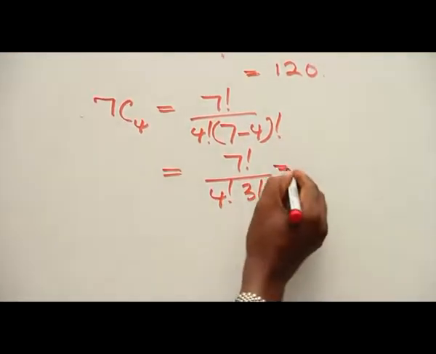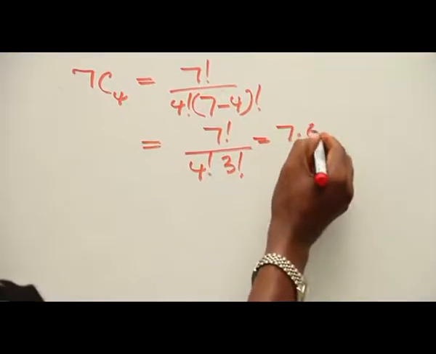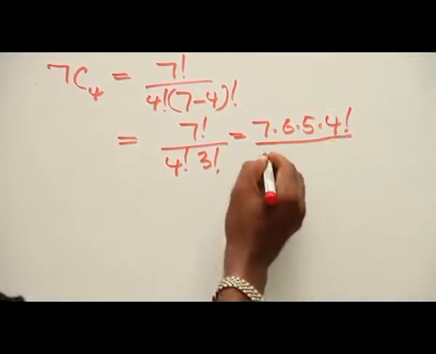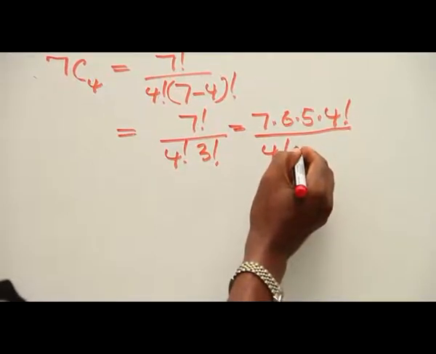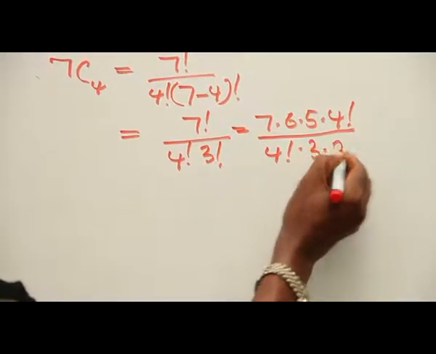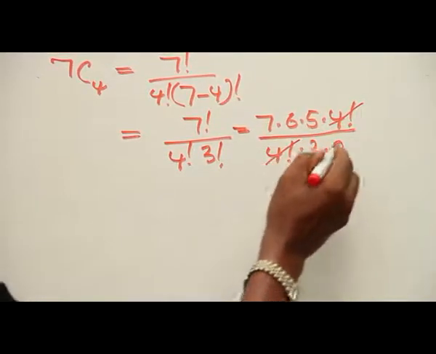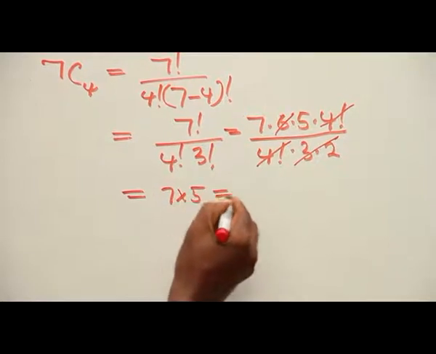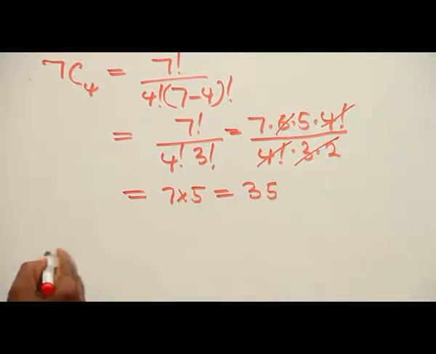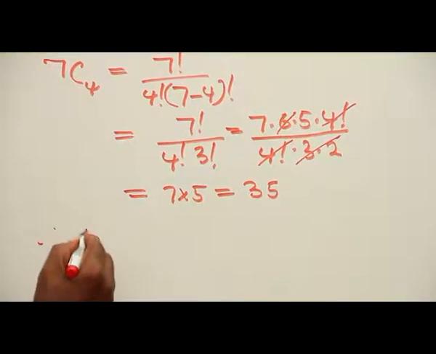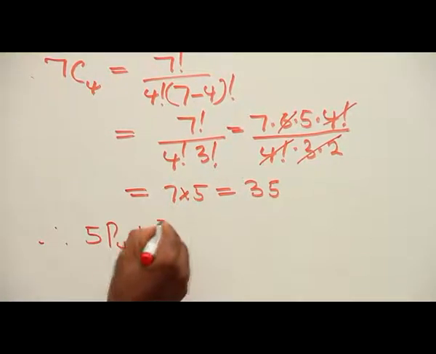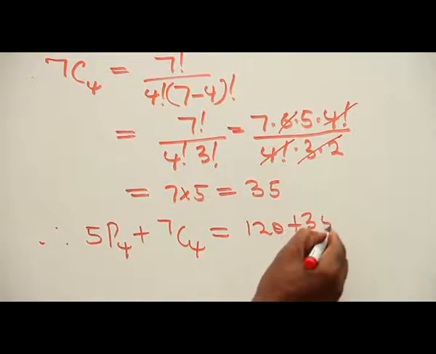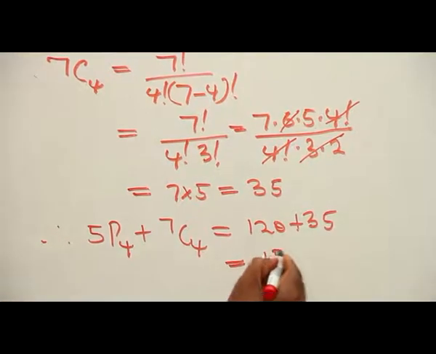So the numerator will be 7 times 6 times 5 times 4 factorial all over 4 factorial, and then of course times 3 and then times 2. 4 factorial will cancel, 3 times 2 will cancel that, you are left with 7 times 5, and that is equal to 35. So the sum, therefore, 5P4 plus 7C4 is equal to 120 plus 35, and the result is equal to 155.